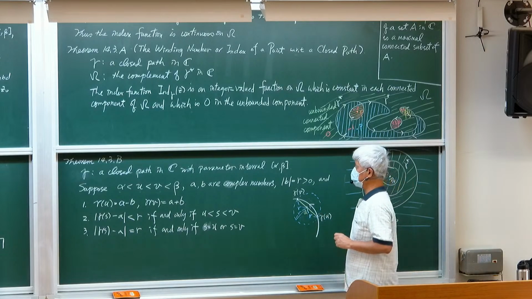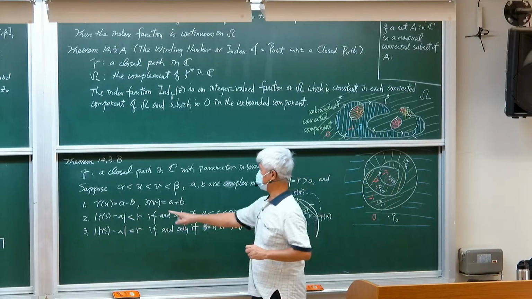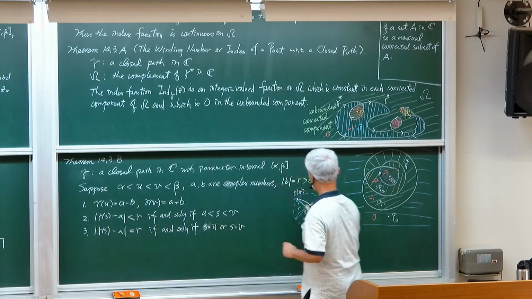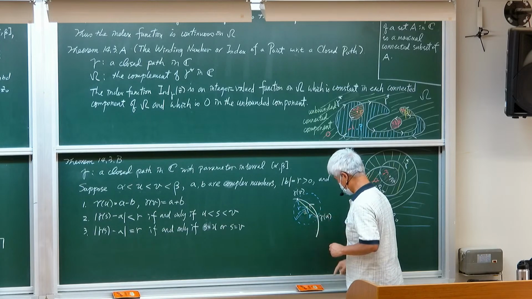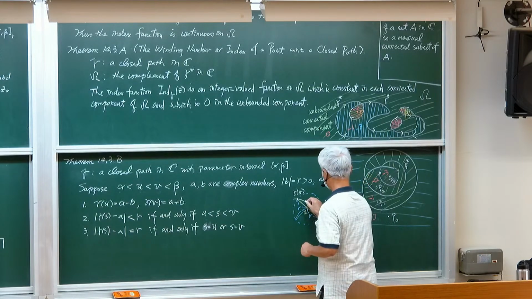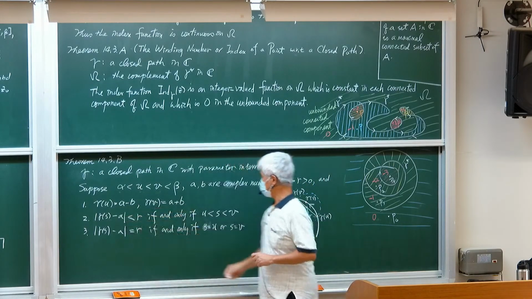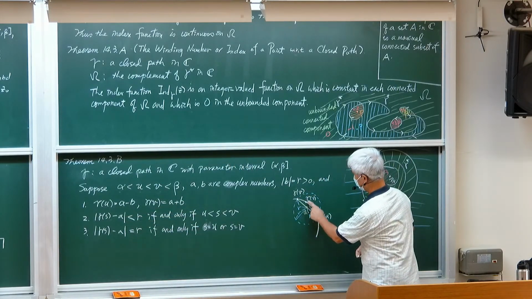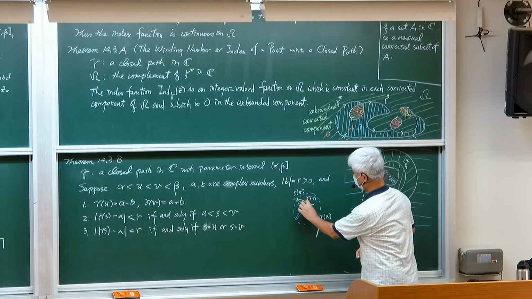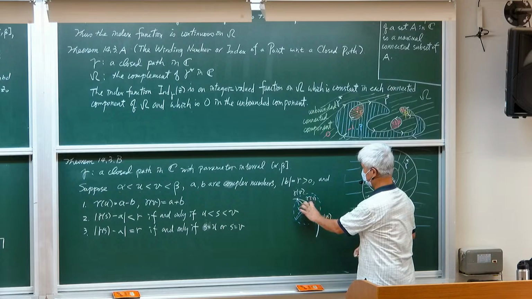And you can see for all the S in between U and V, so this is the gamma S here. So gamma S minus A here, you can see that the distance is less than R, the radius.